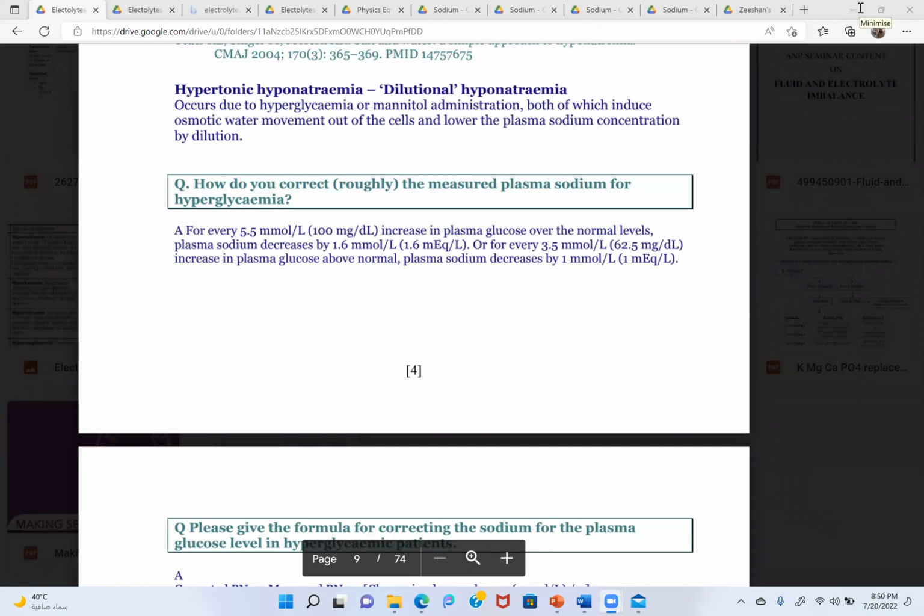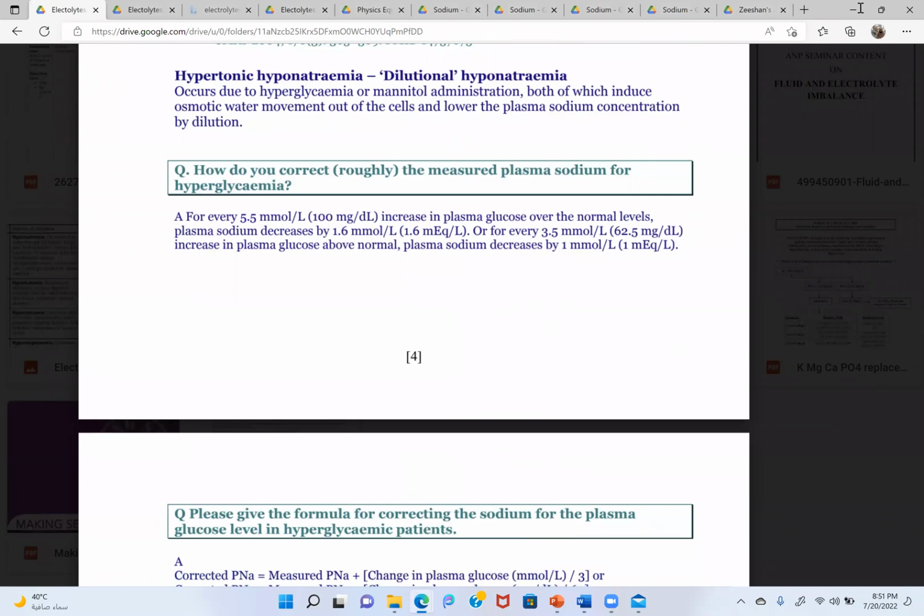They may ask you that for every 5.5 millimole per liter or 100 milligram per dl, because this will be multiplied by 18. Okay, so in plasma glucose over the normal levels will decrease 1.6 millimole per liter. Okay, or it's the same. Or for every 3.5 millimole, 62 milligram, when there is hyperglycemia, there is decrease in the measured sodium level.